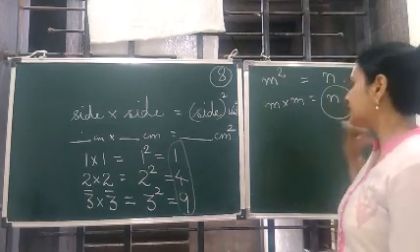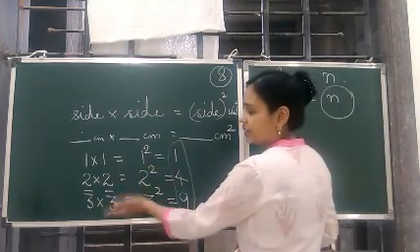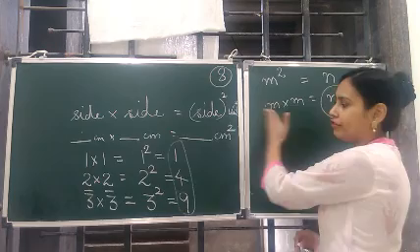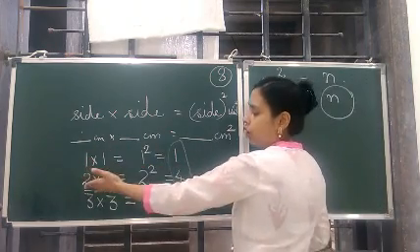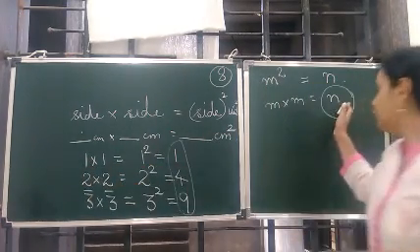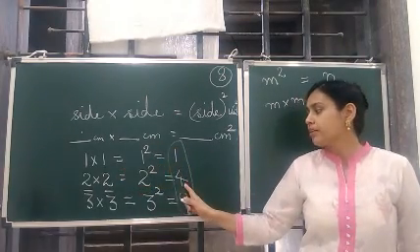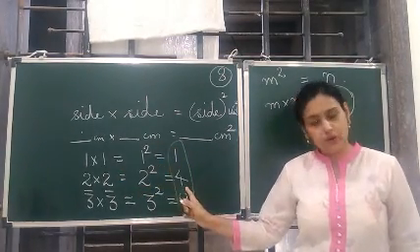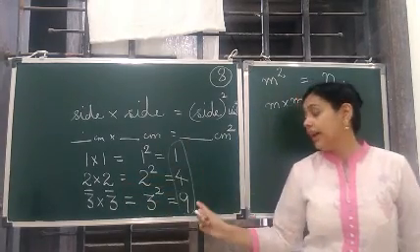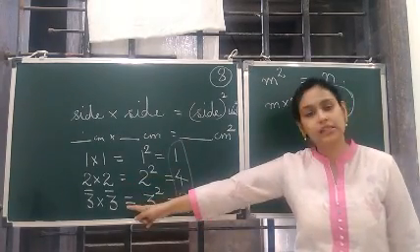Now you can take any example here. We have already done 3 examples, 1, 2, 3. So the value of n comes out to be 1 when m is 1, n is 4 when m is 2, n is 9 when m is 3.